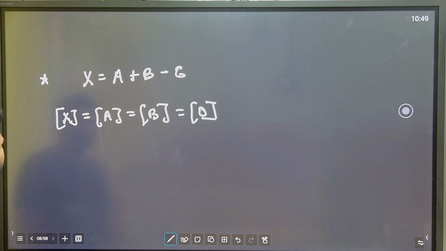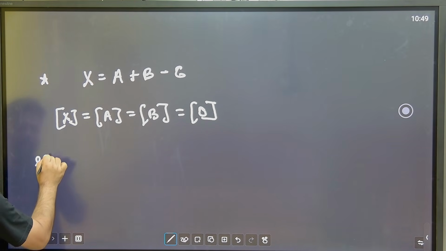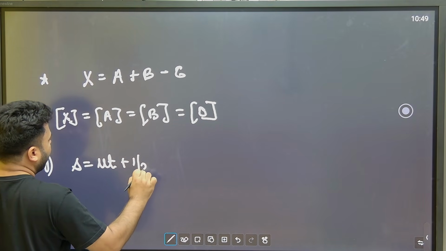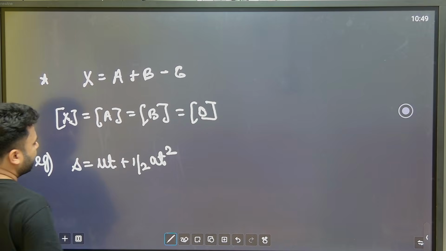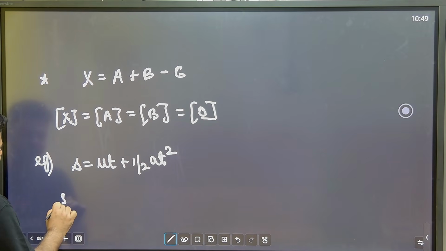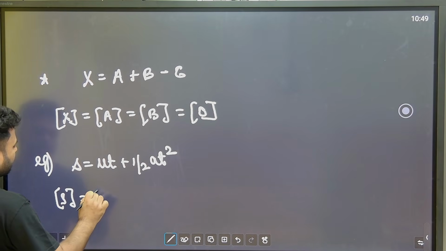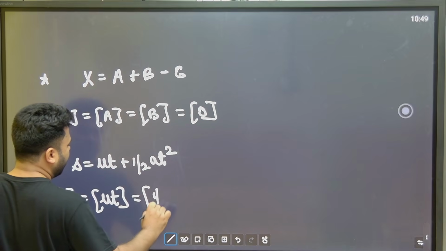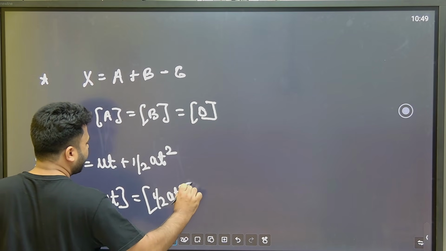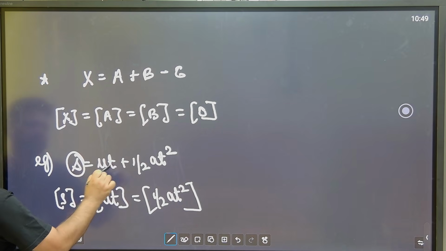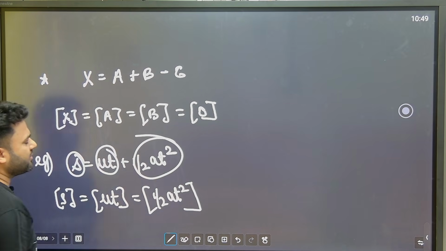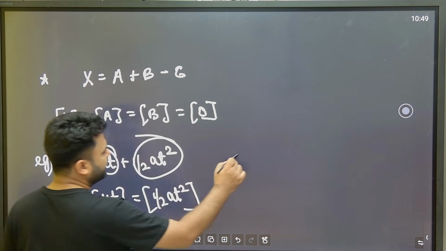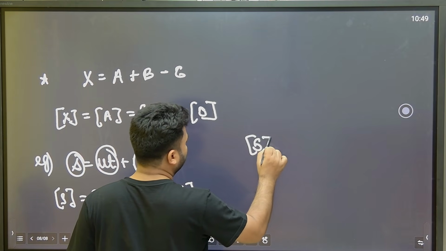Correct? For example, s equals ut plus half at square. So dimension of s will be equal to dimension of ut, equal to dimension of half at square. All these three terms will have the same dimension. You can check also. Dimension of s will be what?